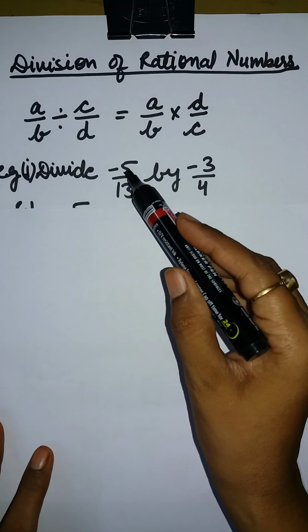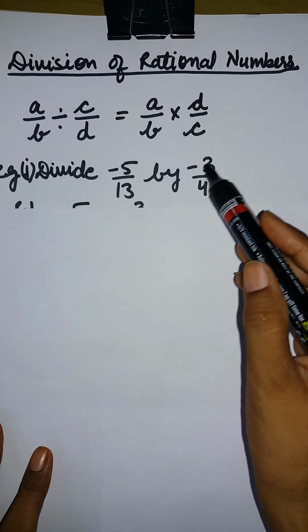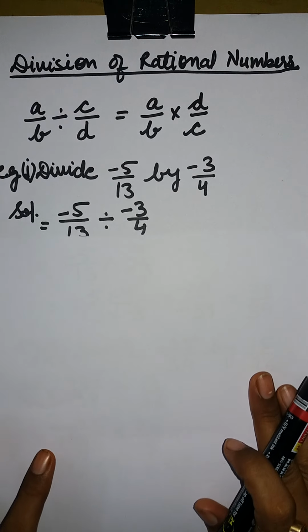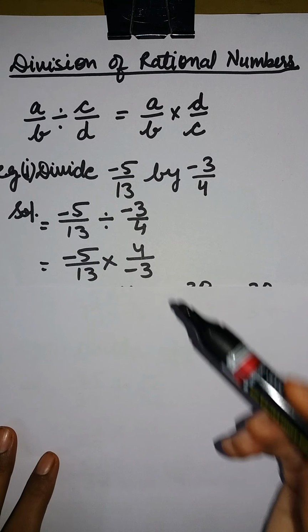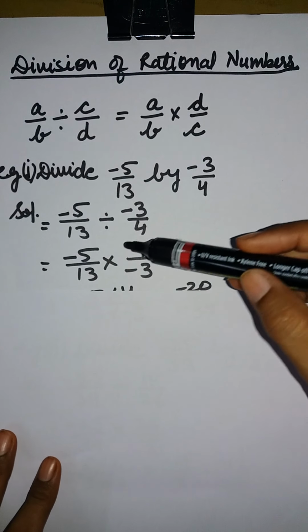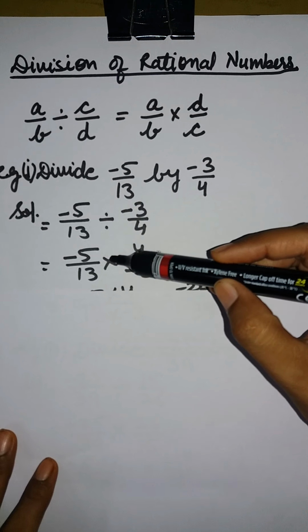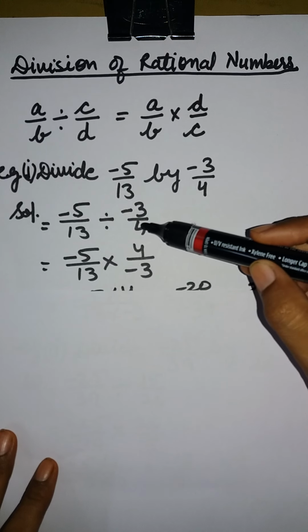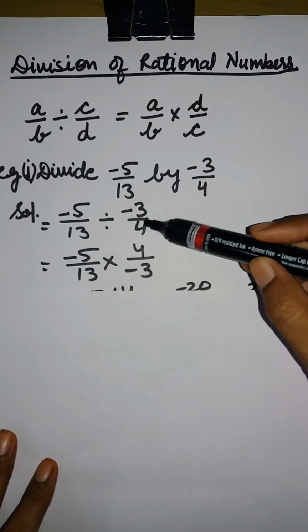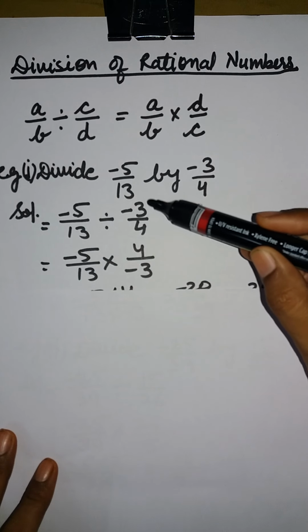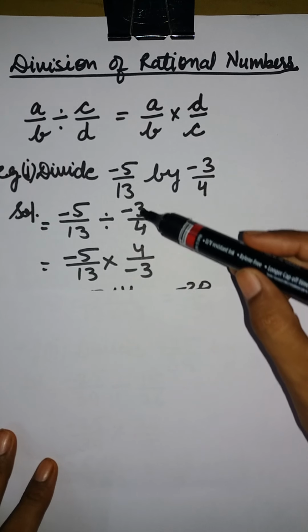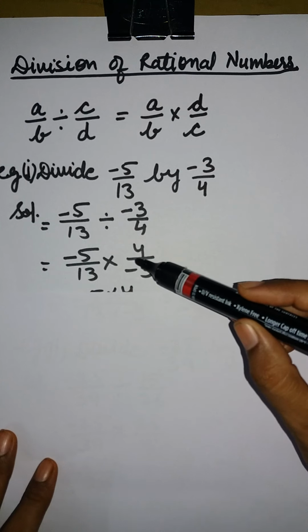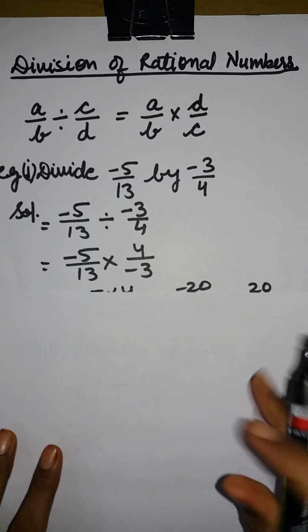Divide minus 5 by 13 by minus 3 by 4. You can see here we have changed the sign of division into multiplication and we have written here the reciprocal of the second rational number. So minus 3 by 4 reciprocal is 4 by minus 3, which is written here.